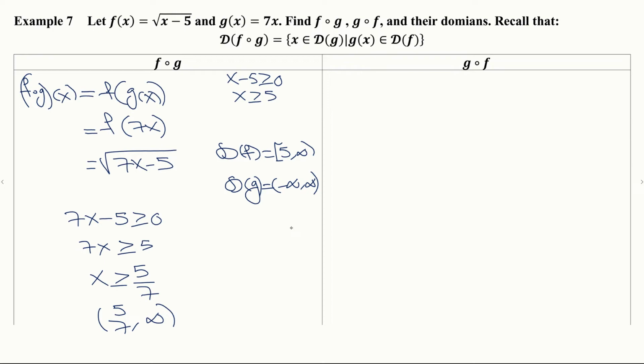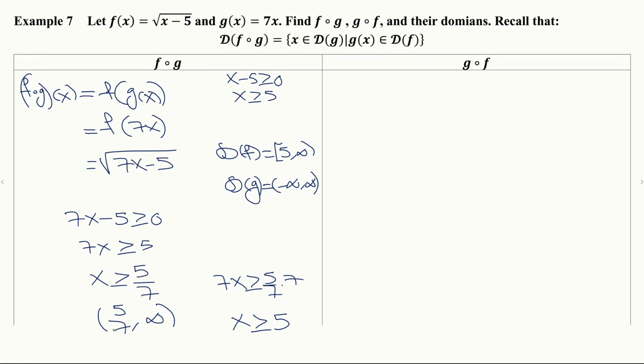Now, notice that if you multiply by 7 the members of this group, 7x is going to be greater than or equal to 5/7 times 7. So that means 7x is going to end up being greater than or equal to 5, which of course satisfies the domain of f.